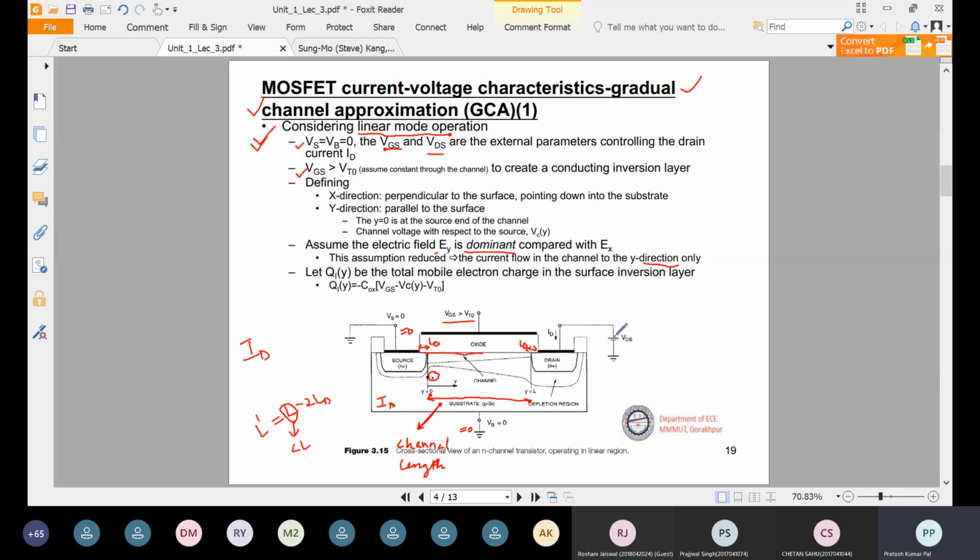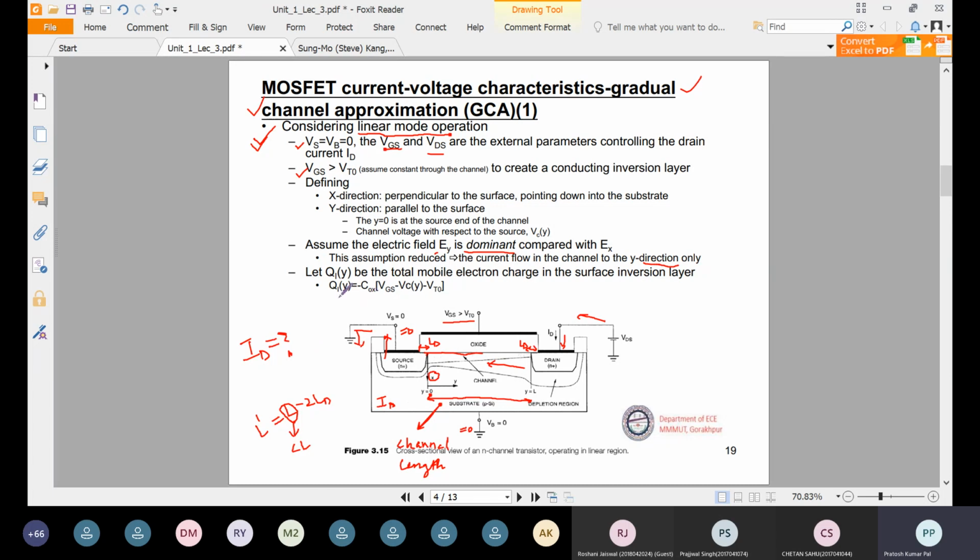So this is positively connected, and this is 0. Current flows from the high potential to the low potential, so this will be the current direction, and this is the direction of current. So the current will be flowing from drain to source. We need to find out what the current value will be.